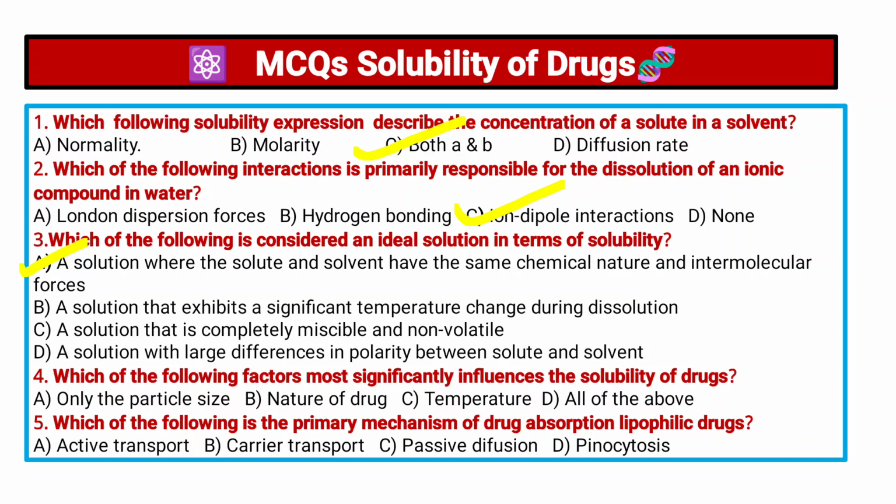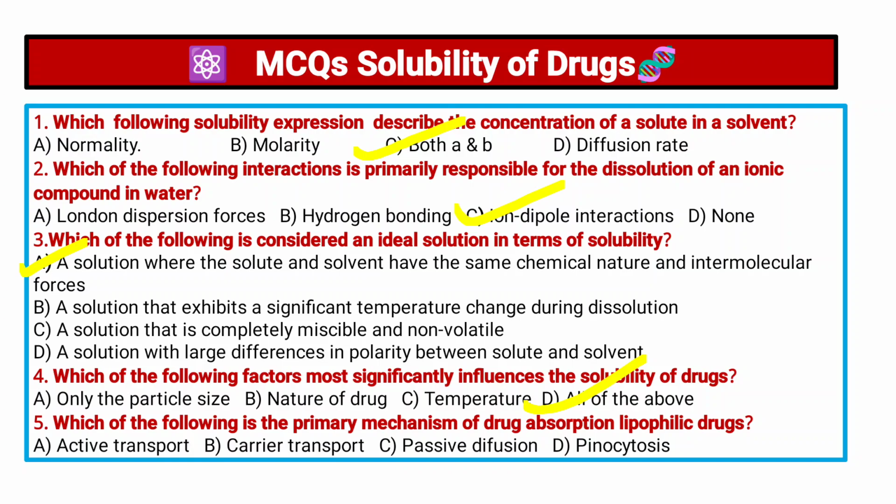Nature of drug also affects it, meaning lipophilic or hydrophilic. And the higher the temperature, the higher the solubility. So option D, all of the above, is correct, because smaller particle size, lipophilic drugs, and increased temperature all increase solubility.